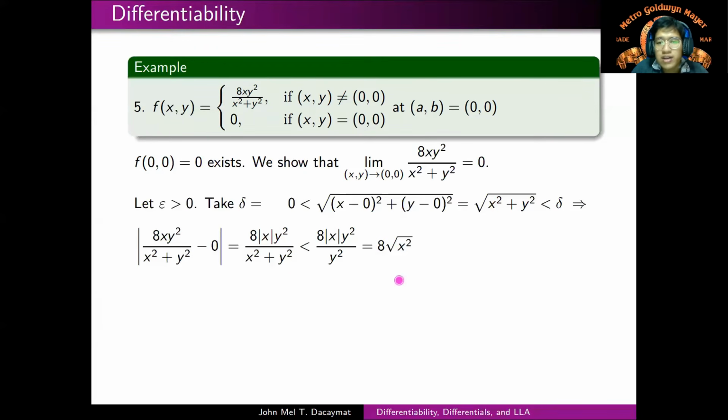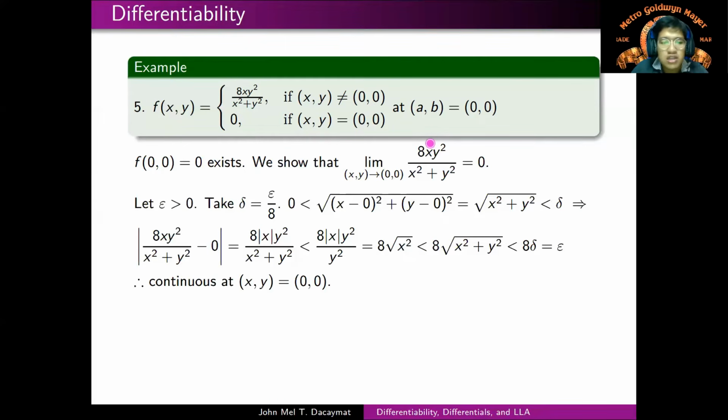Square root of x squared is smaller than square root of x squared plus y squared, and that is less than delta. So this is less than 8 delta. So I can take my delta to be epsilon over 8. And I have proven that this limit is equal to 0.